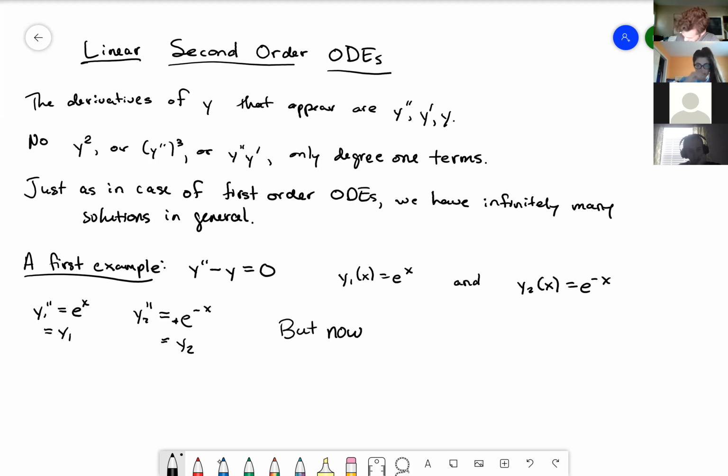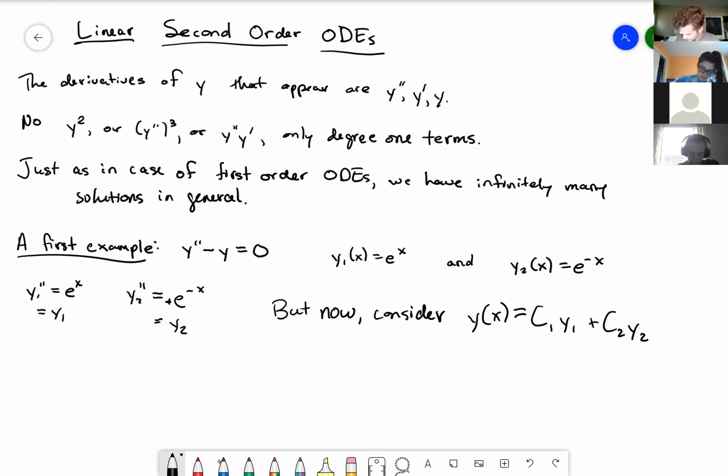And now, consider another possible solution. Well, a whole class of solutions. y of x is equal to C1 times y1 plus C2 times y2, where C1 and C2 are constants.